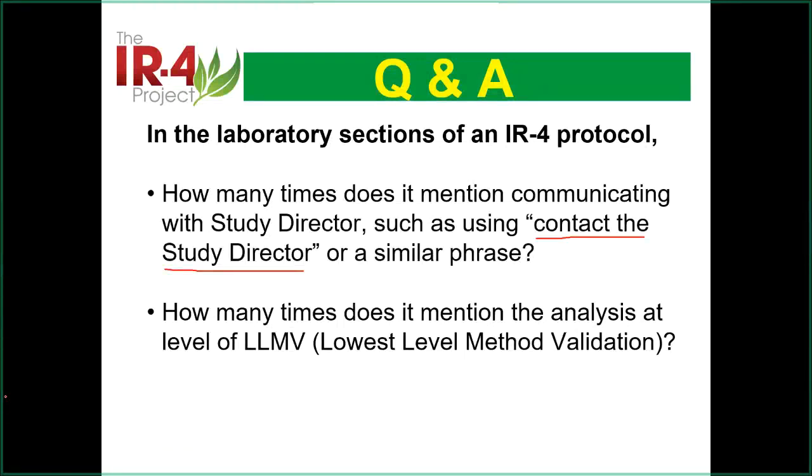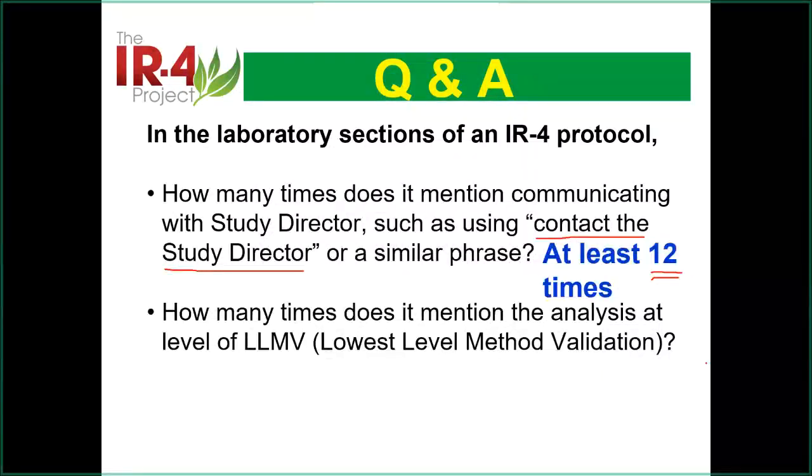I calculated, I think it's 14, but I would say at the least it's 12. In the protocol, on about pages 28 and 29, in the lab part, it mentions at least 12 times, maybe more. It depends on the wording. So what does this mean?